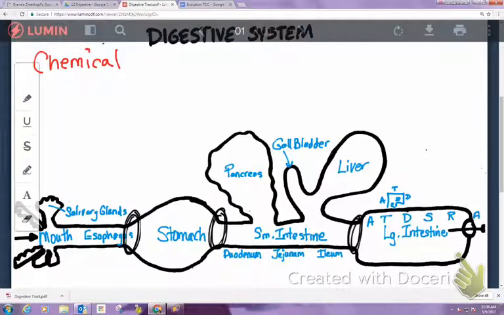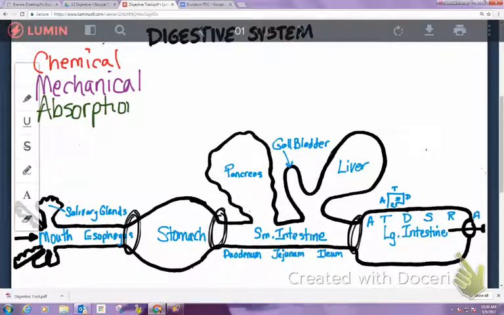Sorry for my writing, it's really not so messy, but it just looks horrible. Okay, if it is a mechanical digestive process, it's going to be in purple. And when we look at an absorption process, it's going to be in green. So I'll pause here for a second and let you get caught up with all your labeling for just a second. Okay.